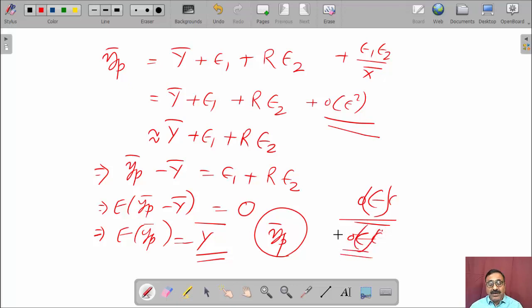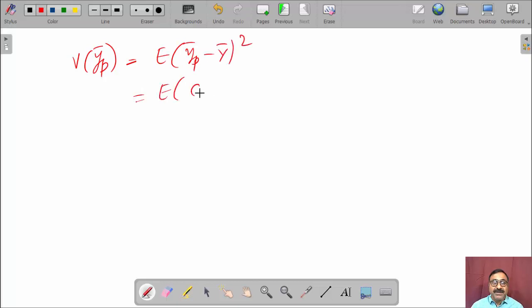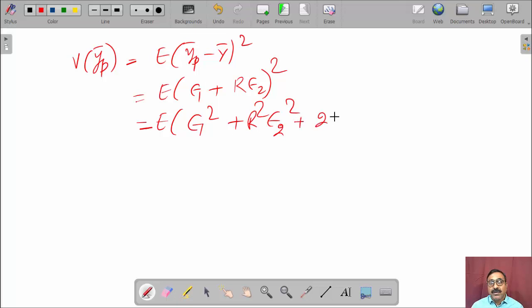So now we have to obtain the variance of this estimator. The variance of yp bar is equal to the expectation of yp bar minus y bar whole square, that is, expectation of epsilon 1 plus r epsilon 2 whole square, which equals expectation of epsilon 1 square plus r square epsilon 2 square plus 2r epsilon 1 epsilon 2.